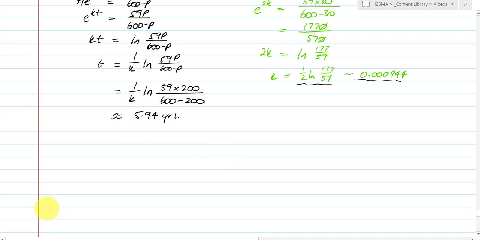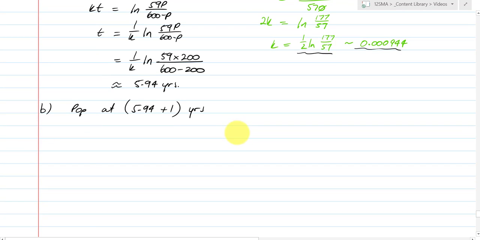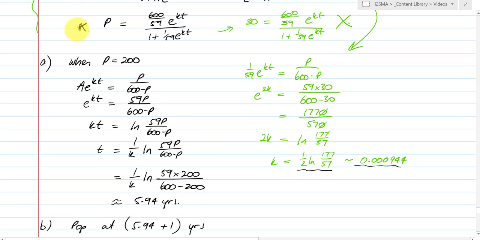So for part B, I want to know what is the population at 5.94 plus 1 years. That's what I want to know. So I'm going to put that into my population model, which I did develop, and it has come in useful.